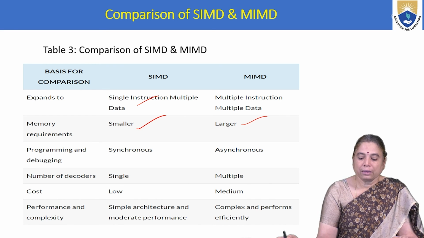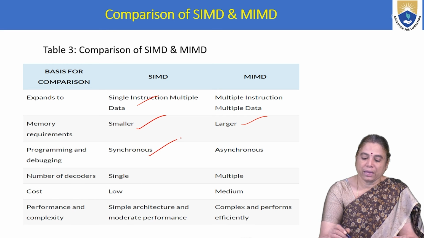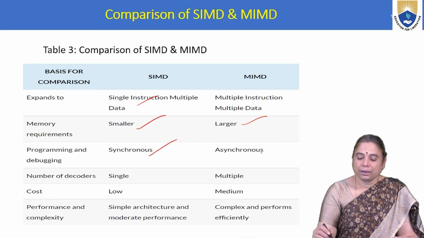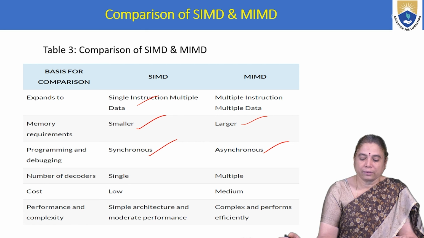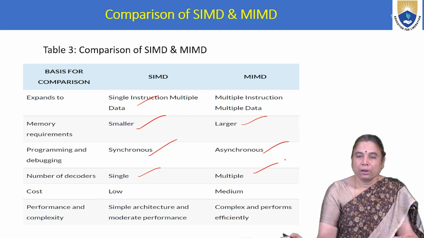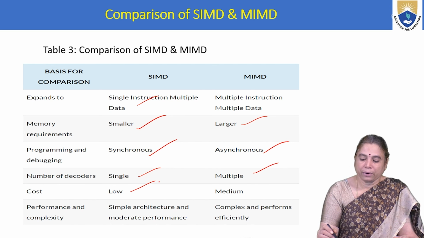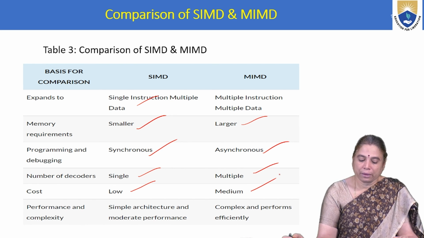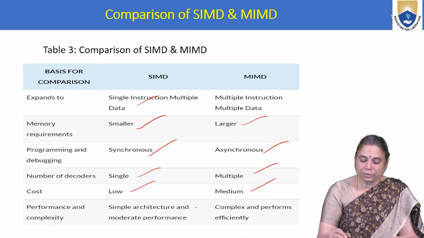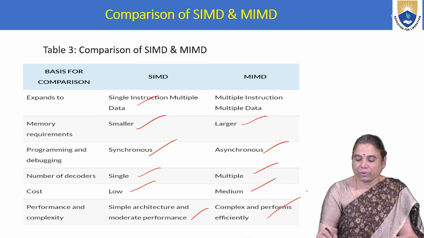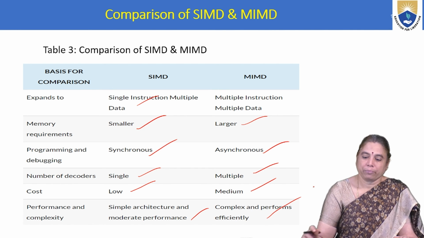Programming and debugging is synchronous in the SIMD architecture but asynchronous in MIMD architecture. The number of decoders is single in SIMD and multiple in MIMD. Cost is low in SIMD and medium in MIMD. In performance and complexity, SIMD has a simple architecture and moderate performance, while MIMD is complex and performs efficiently.